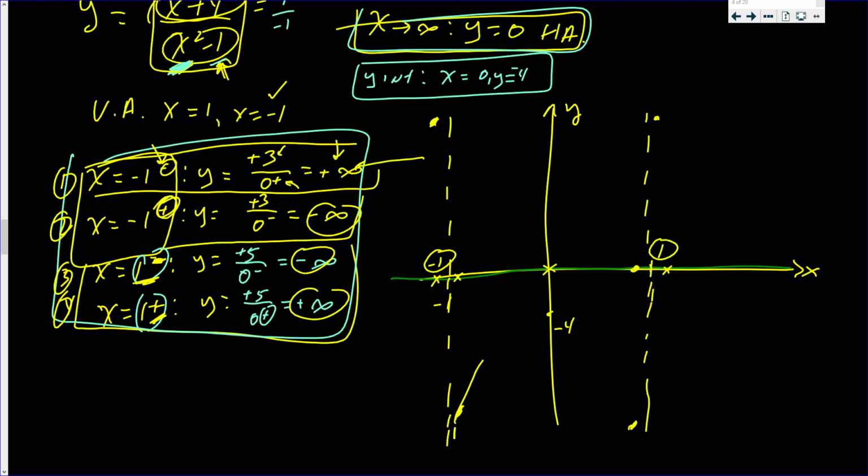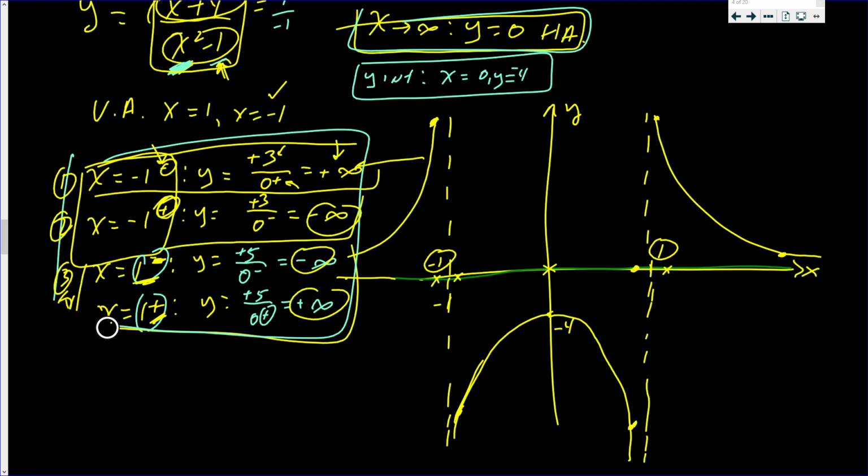And I know when x is 0, I cross at negative 4. And the horizontal asymptote is the x-axis. That is, when x is large, I go like this, and I go like this. There is my graph.